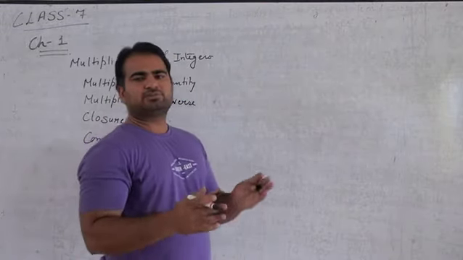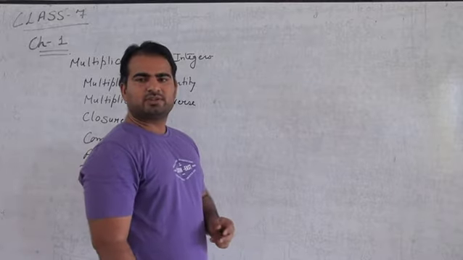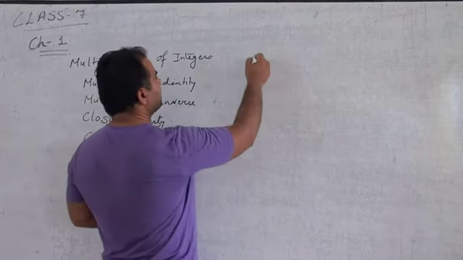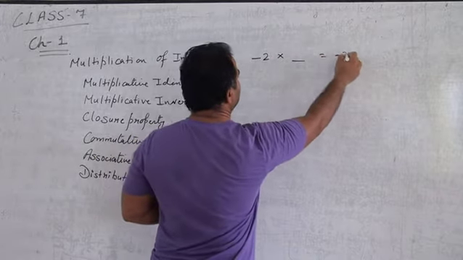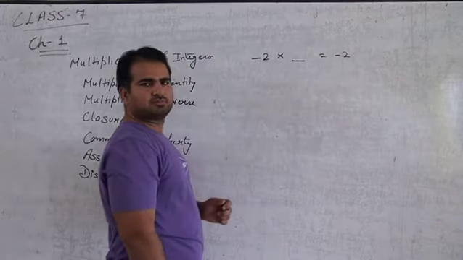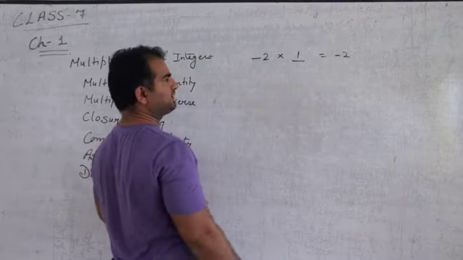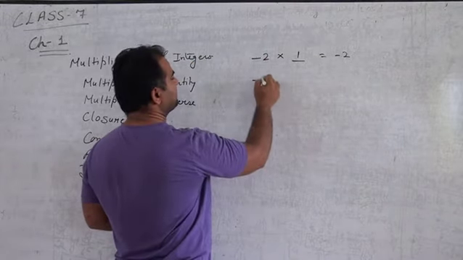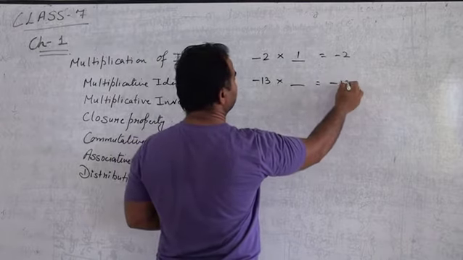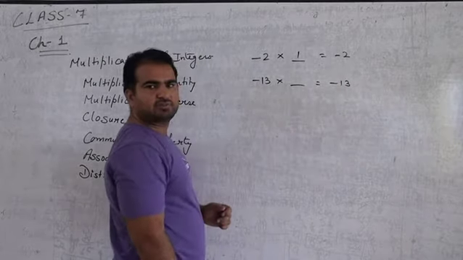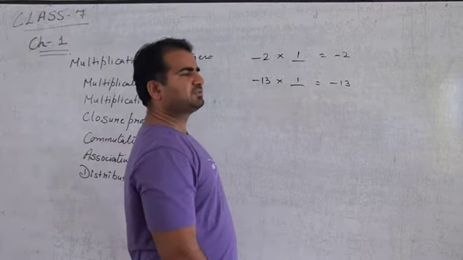By what number it should be multiplied so that it comes out the same as before. By which number should minus 2 be multiplied so that it becomes minus 2? 1, because minus 2 into 1 equals minus 2. What is the number by which minus 13 should be multiplied so that the answer is minus 13? It should be 1.